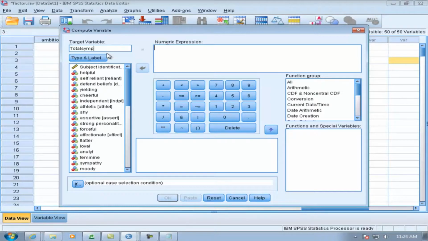Do you want total empathy? Empathic? You want empathic? Did I have it spelled right? Capitalize the E, okay.